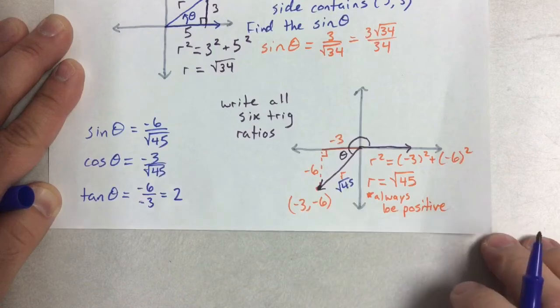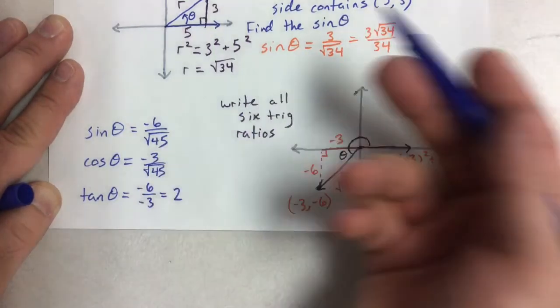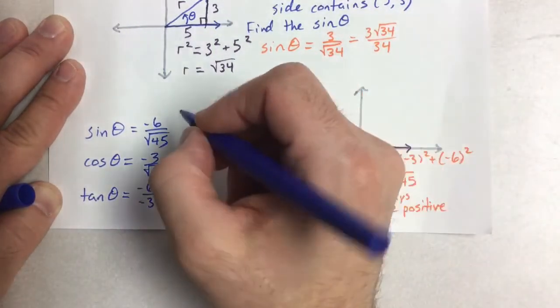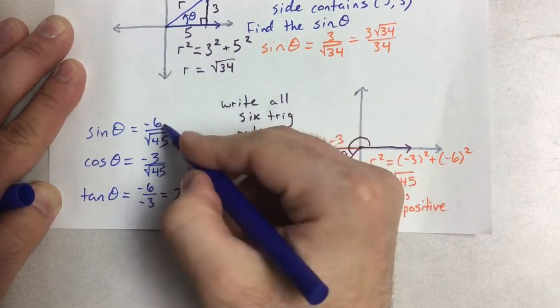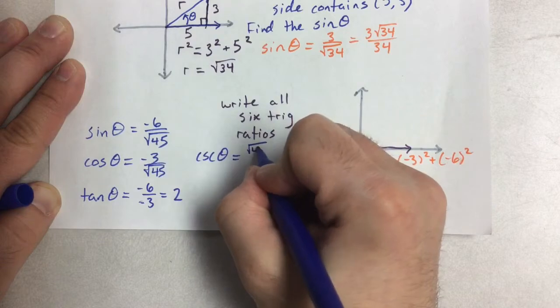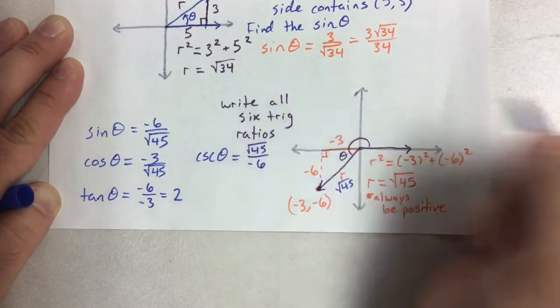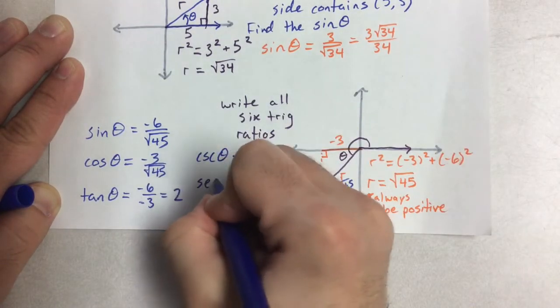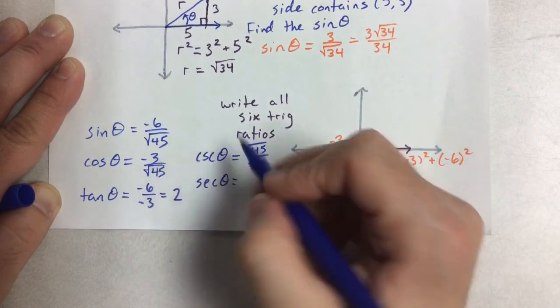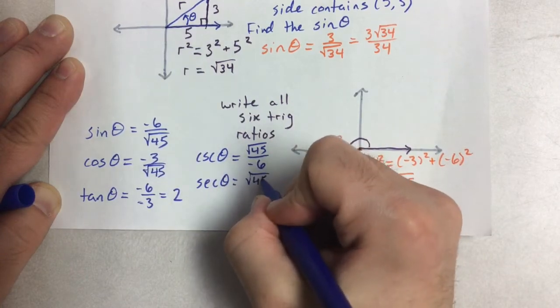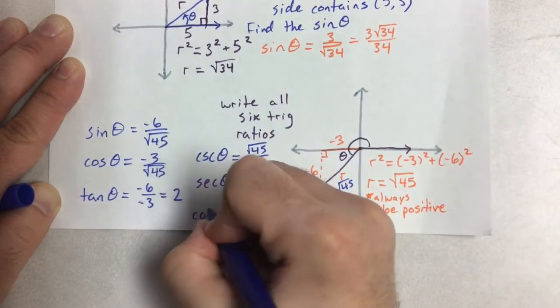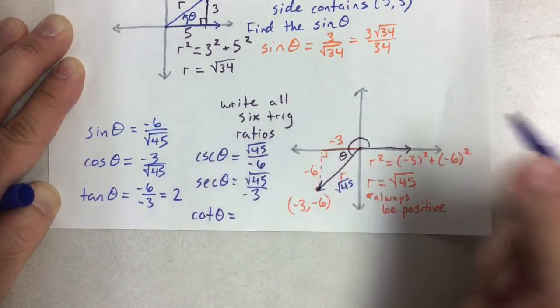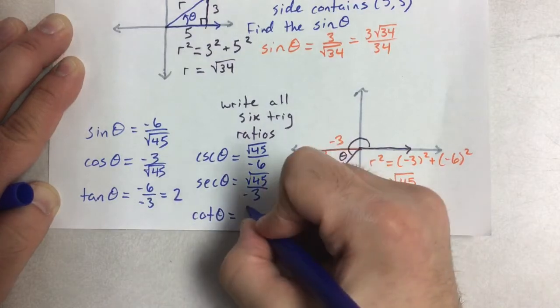So let's write our reciprocal ratios. Cosecant would be square root of 45 over -6. Secant would be square root of 45 over -3. And cotangent would be 1 over 2.